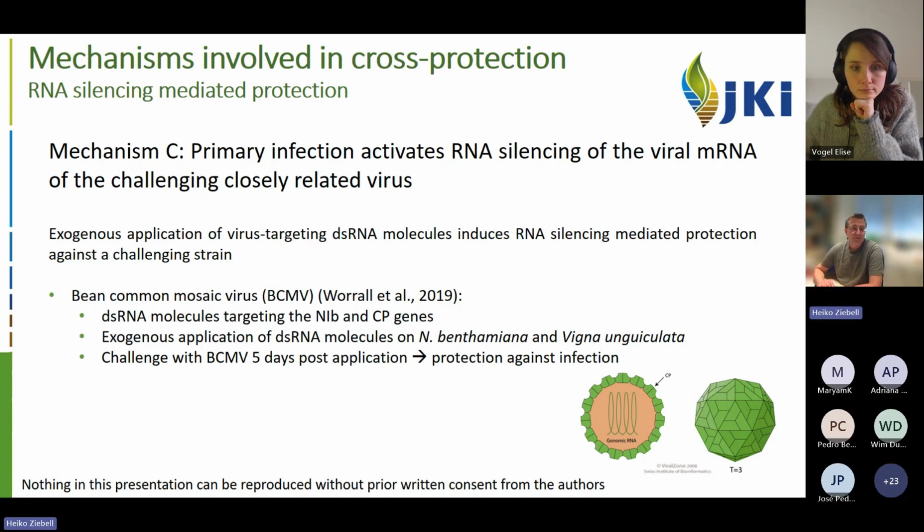And we took the example of Bean common mosaic virus, and there were double-stranded RNA molecules targeting the NIB and the coat protein genes, and this exogenous application on plants prevented the successful infection with a challenging BCMV strain after 5 days.